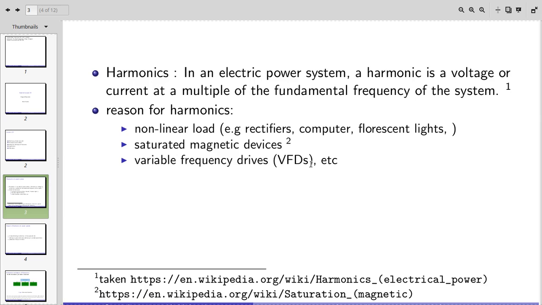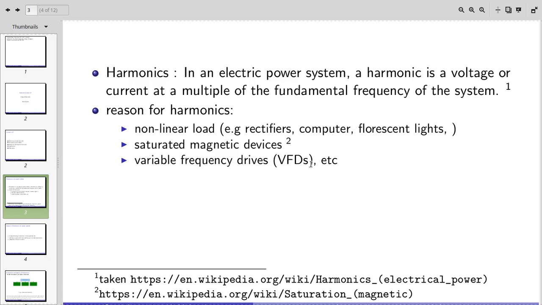Power electronics is nothing but a jugglery of different types of solid state devices, switches. That switching nonlinearity is the main culprit injecting harmonics into our network. In brief, power electronics is the culprit injecting a lot of harmonics into our system.